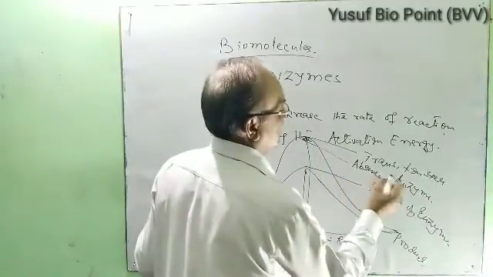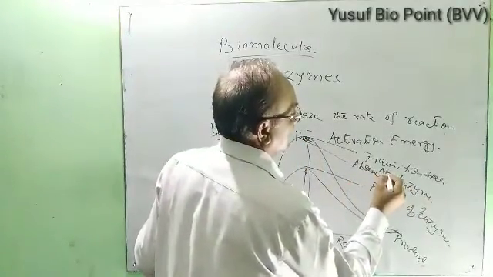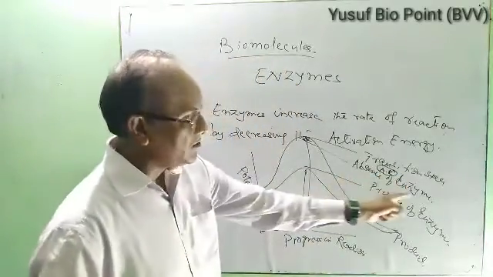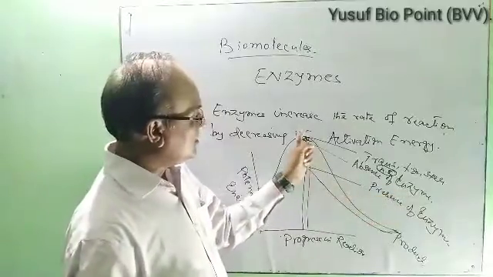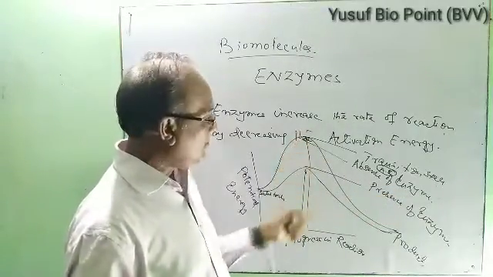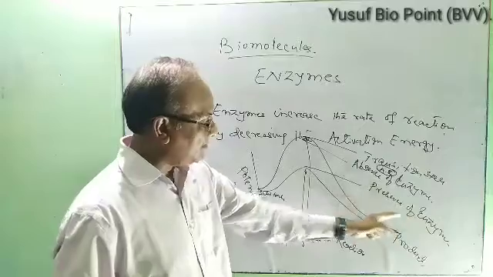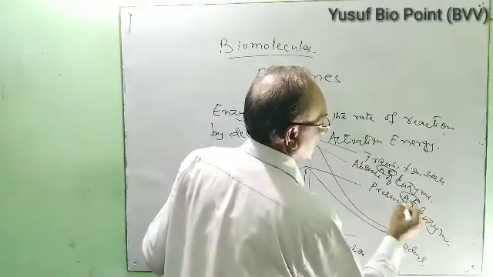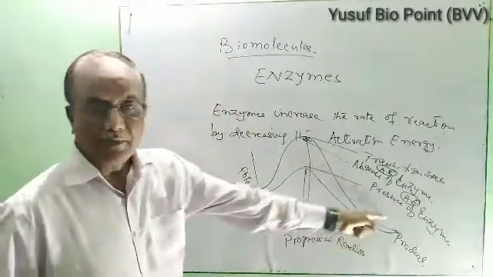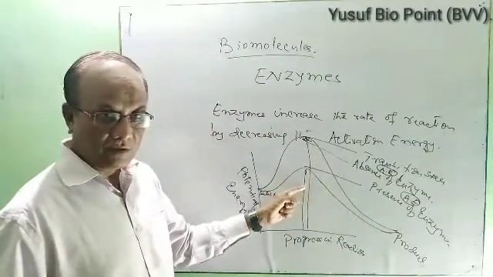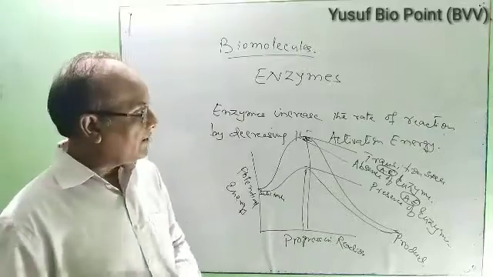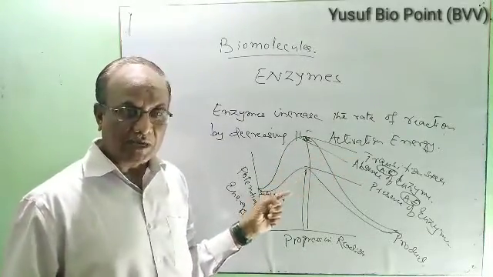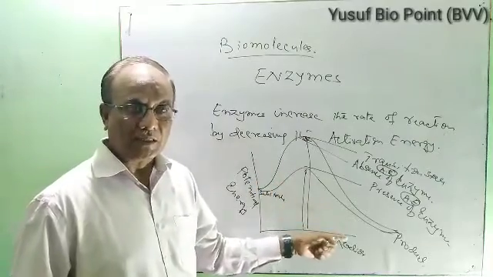So we can say this is the activation energy in absence of enzymes. The transition state is so high, but when we add the enzymes, the activation energy in presence of enzyme is lowered down. If the activation energy is lowered in presence of enzymes, the rate of reaction increases.